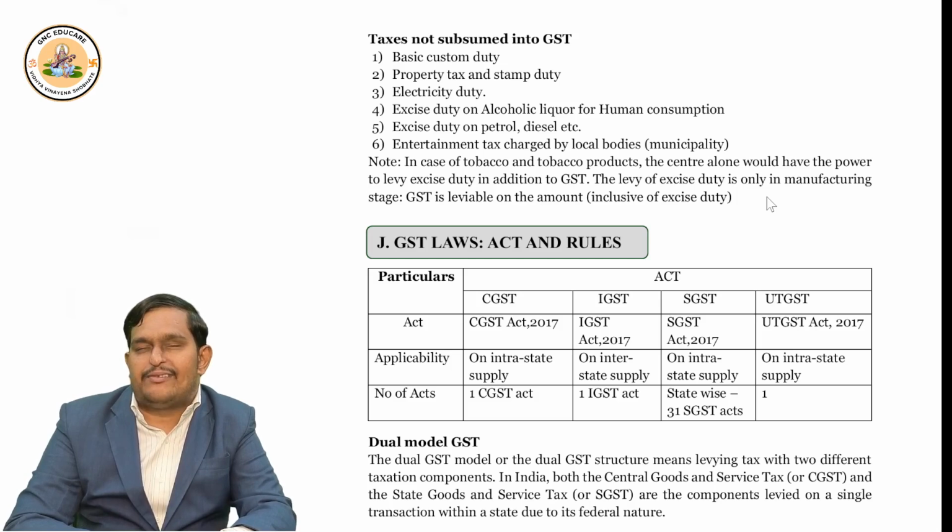If supply happens within one state, then intra-state supply, SGST will be applicable. For that, the State Goods and Services Tax Act 2017 was passed. And there are 31 State Goods and Services Tax Acts, one for each state, including 2 UTs with state legislation.